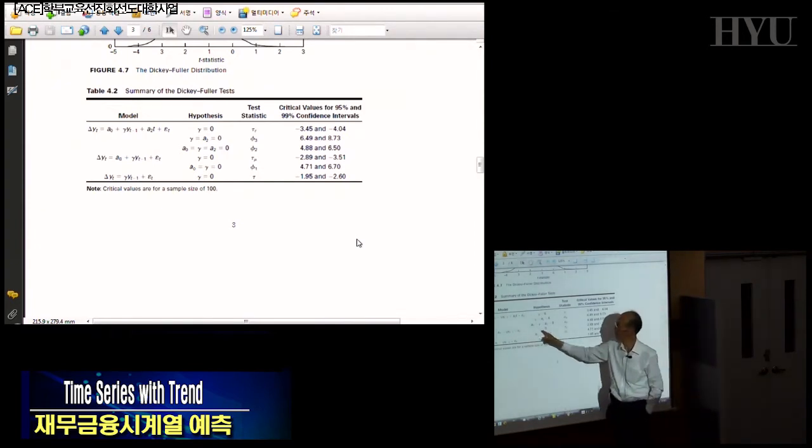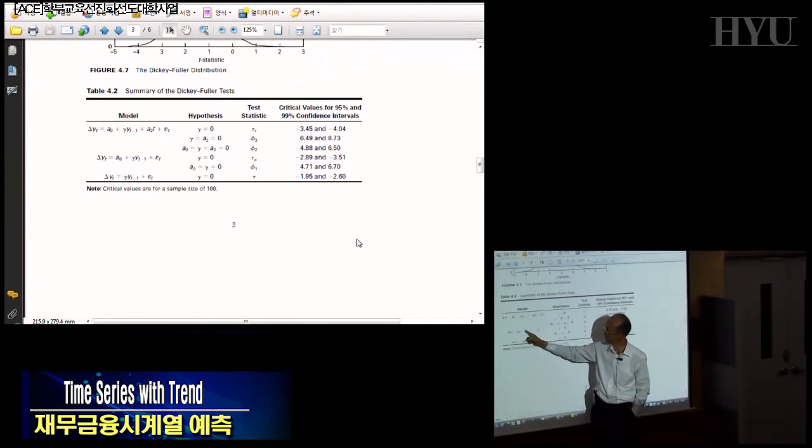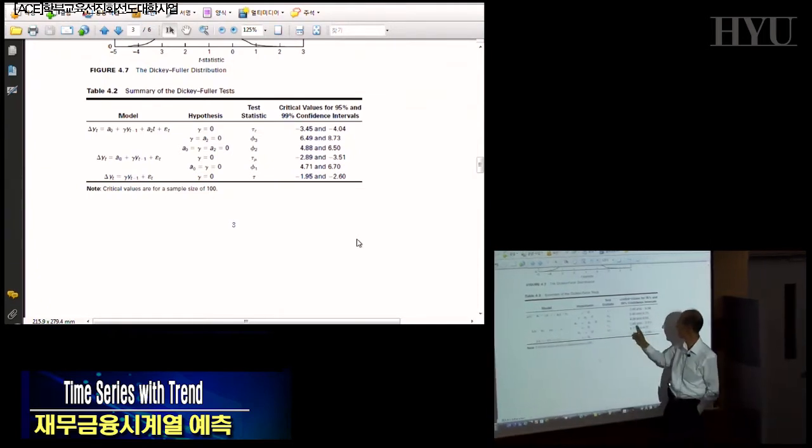In this hypothesis, this is something we are trying to test, right? But how about this one? This one is another parameter to be estimated, but it has nothing to do with this hypothesis. So we call this one a nuisance parameter. The test statistic of this one depends upon the presence of this one or not. So we have different thresholds.